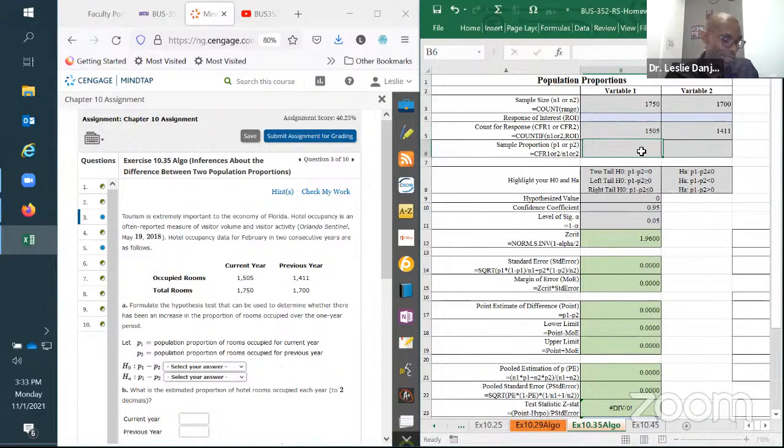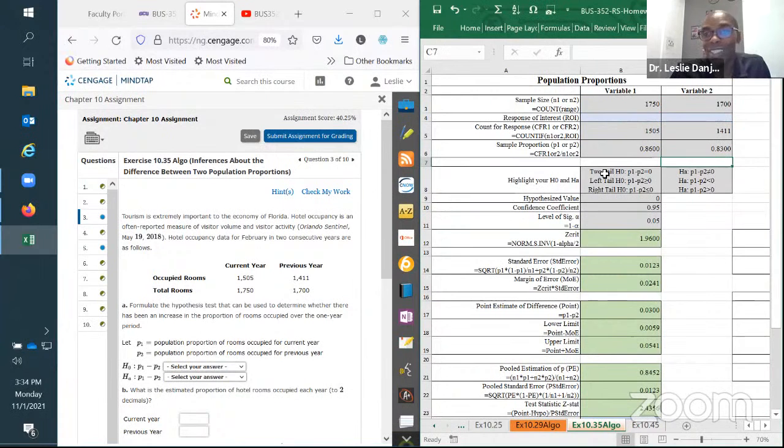How do I find this? It's my small number divided by my bigger number, and that gives me my proportion.